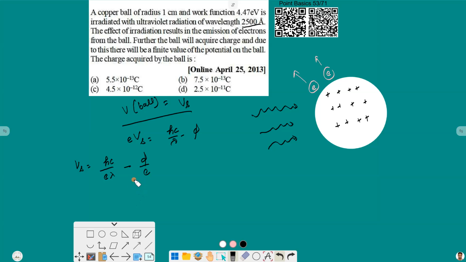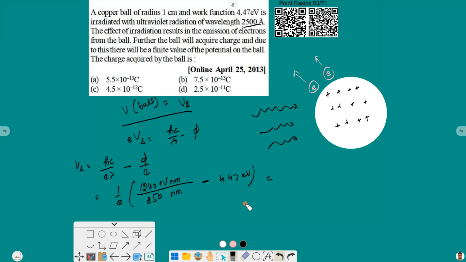So let's calculate. 1 by E, let us take it common. Now hc by lambda we have, so that will be 1240 electron volt nanometer divided by lambda, that is 250 nanometer, minus work function 4.47 electron volt. If we solve this, what will we get?